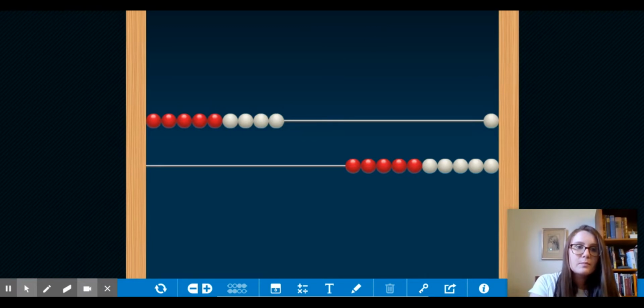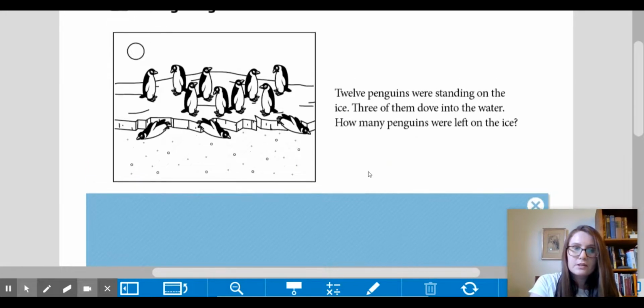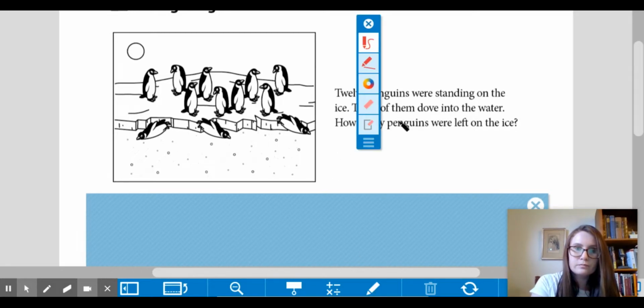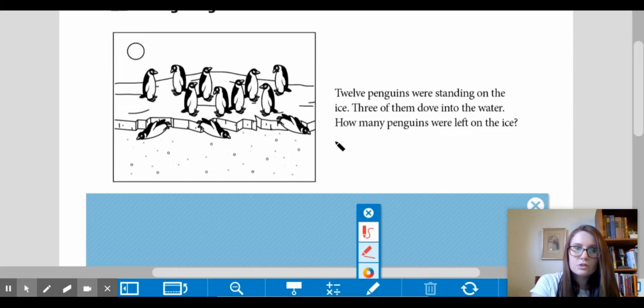So I'm going to go back and I'm going to think about what the equation will look like. So the first number that they told us was that there were 12 penguins. 12.